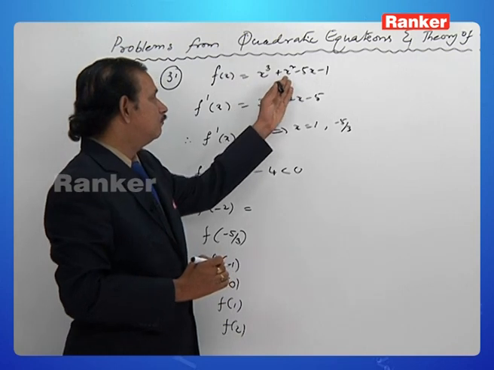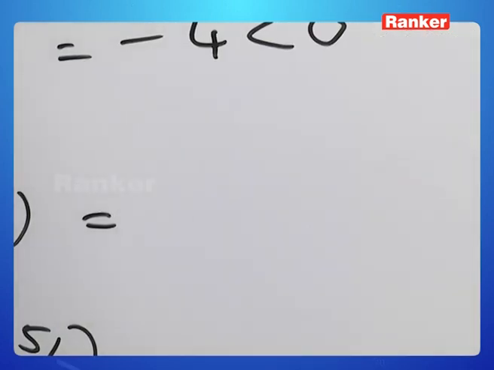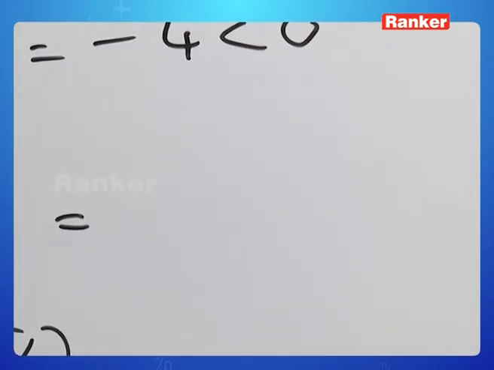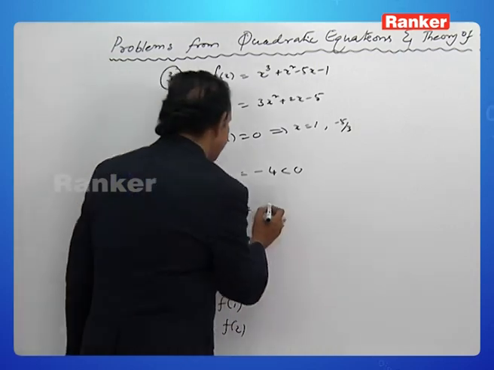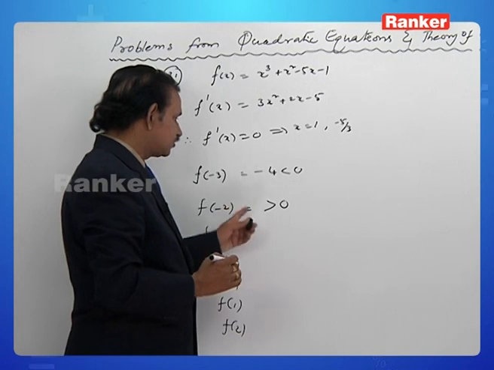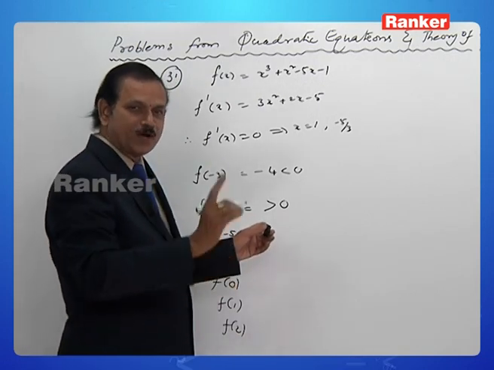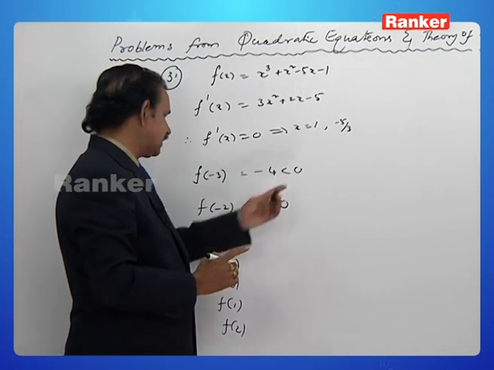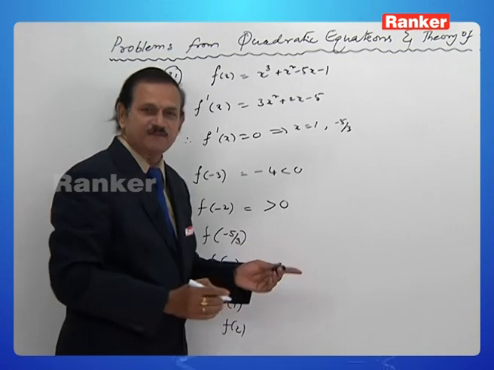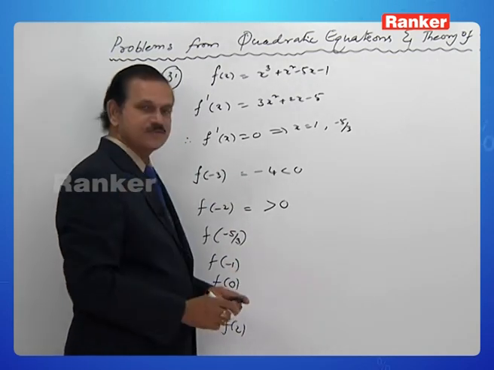Minus 2 whole cube, plus minus 2 whole square, minus 5 into minus 2, minus 1, that is minus 8, plus 4, plus 10, minus 1, surely greater than 0. With this simple information, we could have got a particular idea about one root. f of minus 3 is less than 0 and f of minus 2 is greater than 0. There and there itself we can conclude that there is a root between minus 3 and minus 2.